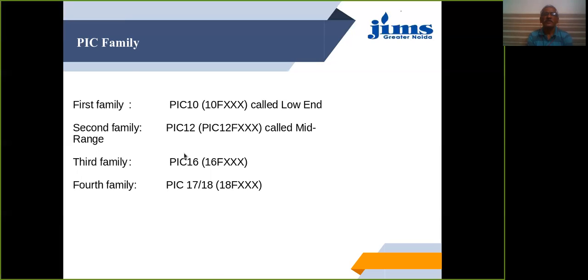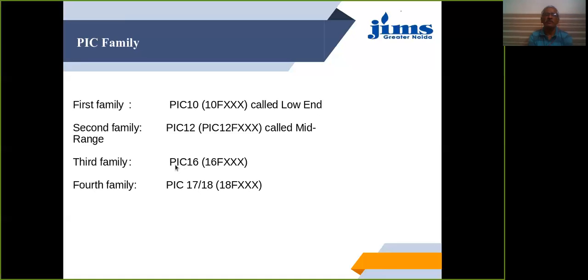Then we have the third family of the microcontroller, the PIC16 series. We'll discuss a specific example, PIC16F877, in the next slide. The PIC16 series belongs to the third family of the PIC microcontrollers. The PIC17 and PIC18 series belong to the fourth family.